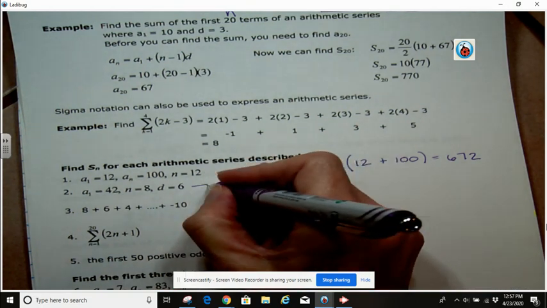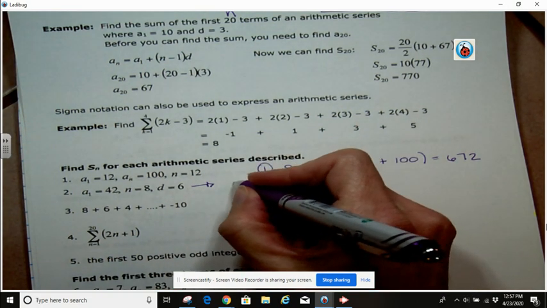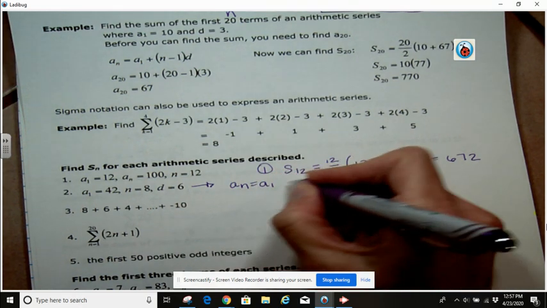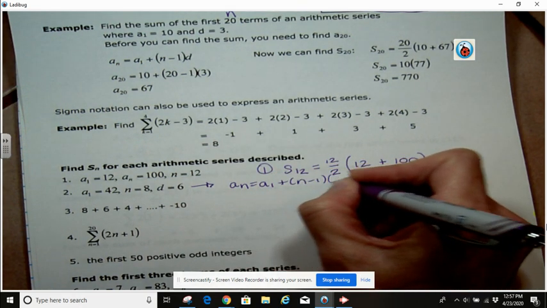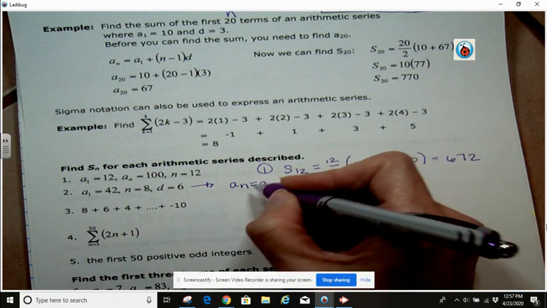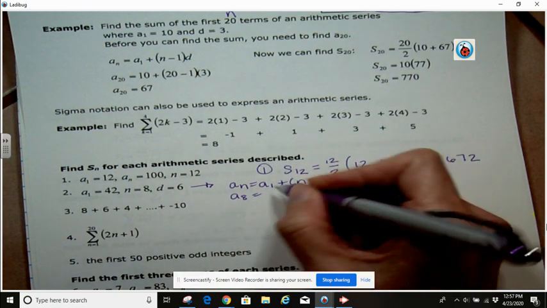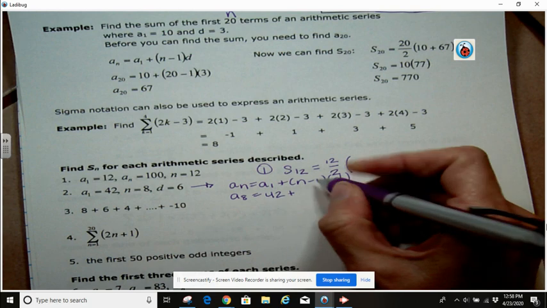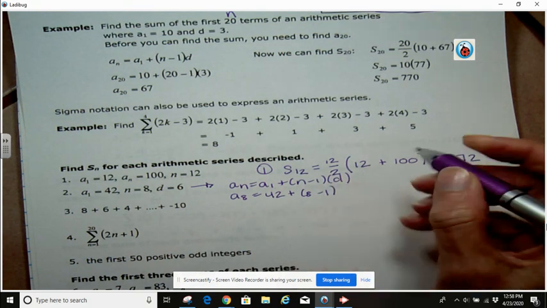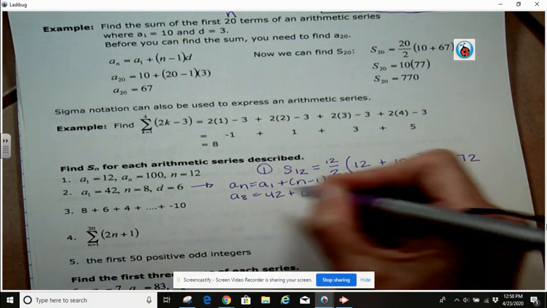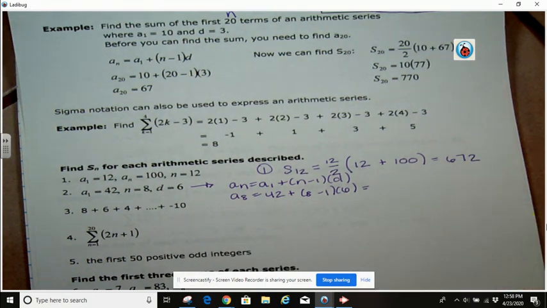the sequence formula. So the first thing I'm going to do is start with a sub n equals a sub 1 plus n minus 1 times d. And I'm finding the 8th term if the first term is 42, n is 8, and the common difference is 6, and the 8th term is 84.